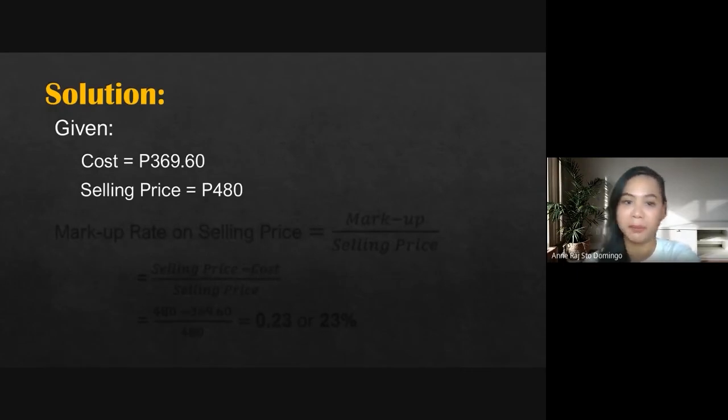Syempre, hindi man tayo magbebenta dapat ng palugi, yung mas mababa sa cost. So, for us to get the markup rate on selling price, ano ang ating formula? What is the formula for markup rate on selling price? Okay, balikan ng module.